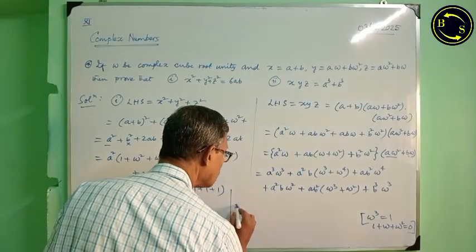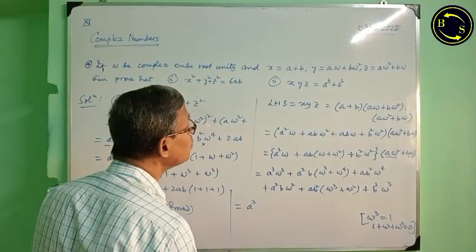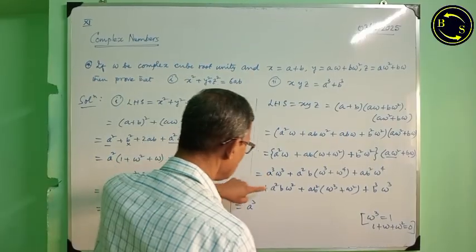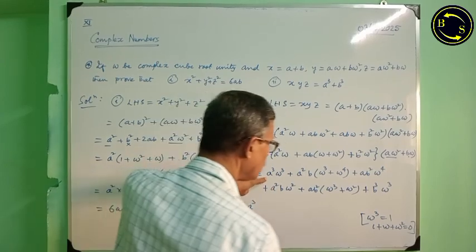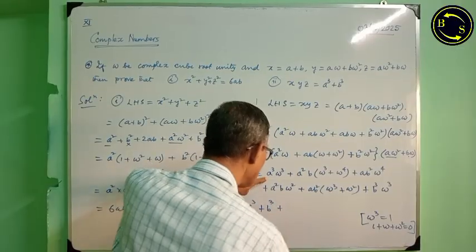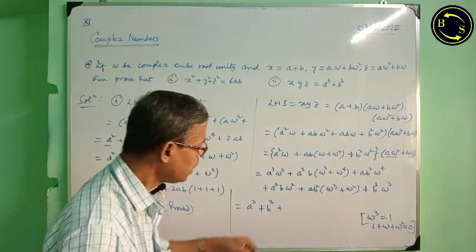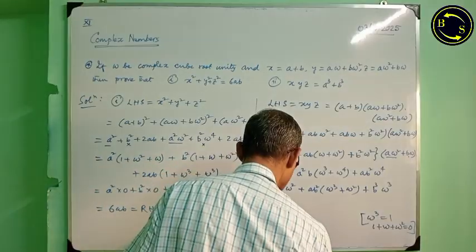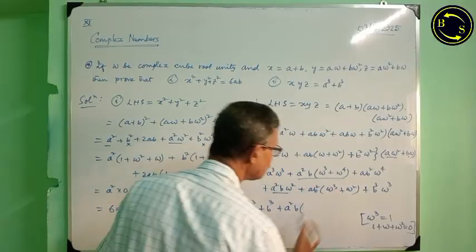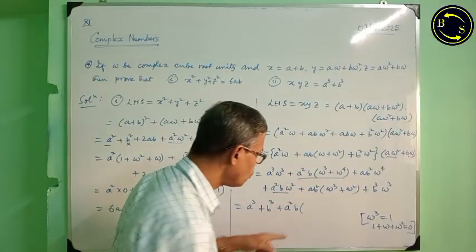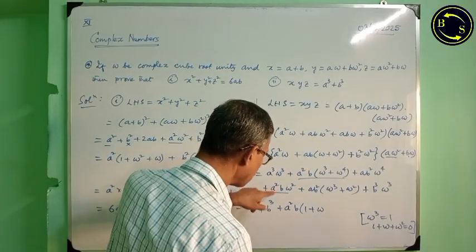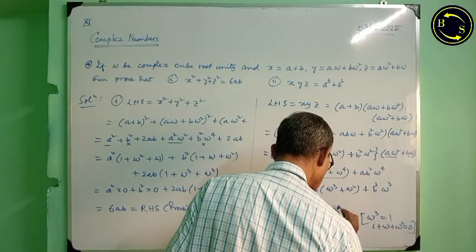Then this will be a cube. This one will give omega cube, this one finally a cube. Then the last one will be b cube plus a square b terms, that means these two terms. Omega cube means 1 plus omega to the power 4 means omega, and from it omega square.